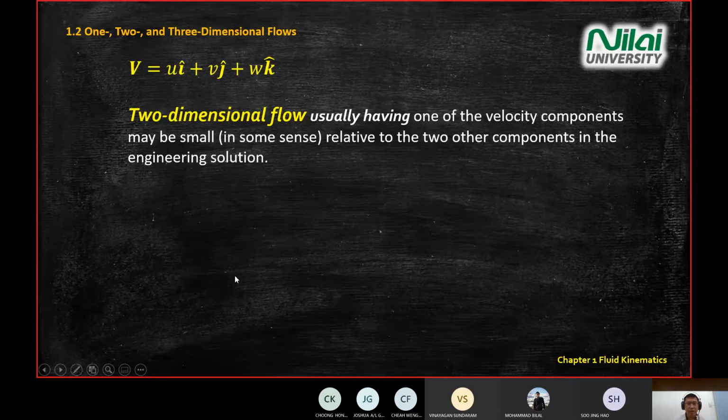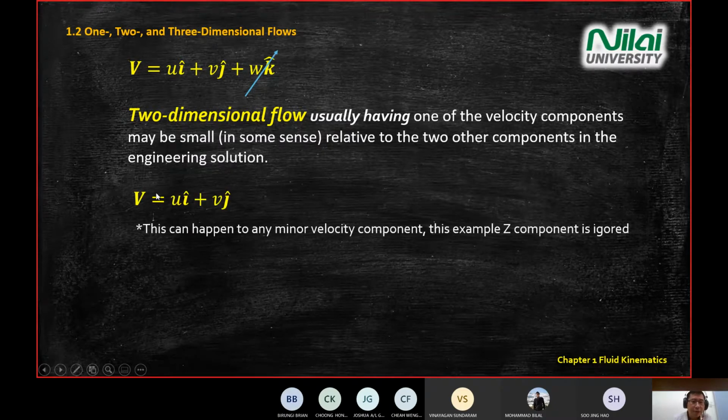Now, what about two-dimensional flow? Two-dimensional flow means we only have two of these components. For example, if we don't have the z component, like in question 7, then our equation will only have the i vector and j vector. In your test one or your final exam, you will not be so direct.